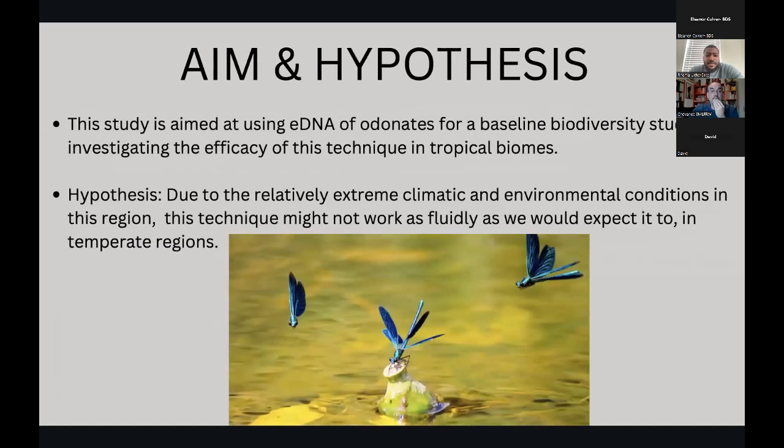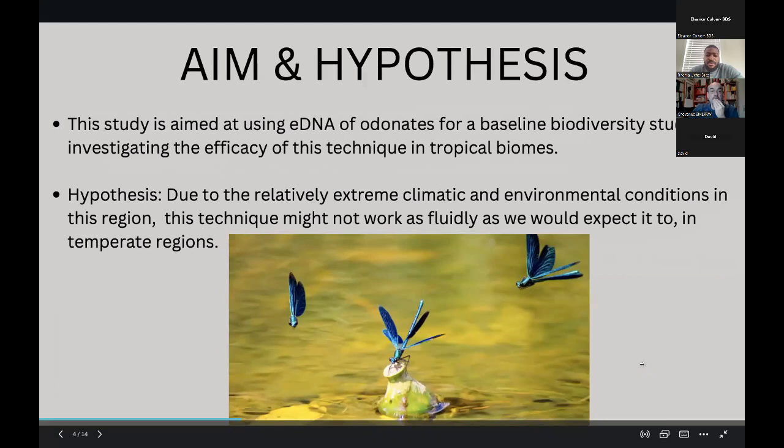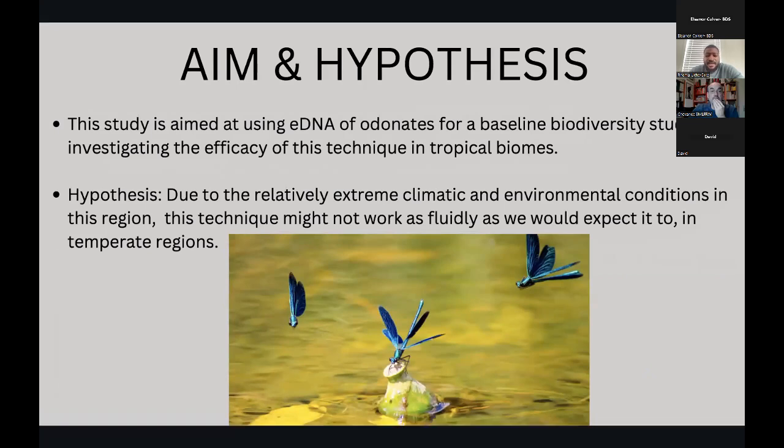The aim of this study was to use dragonfly eDNA for a preliminary and baseline study, to evaluate the success of this technique when employed in tropical regions, especially in the study of aquatic invertebrates, and particularly dragonflies in this case.